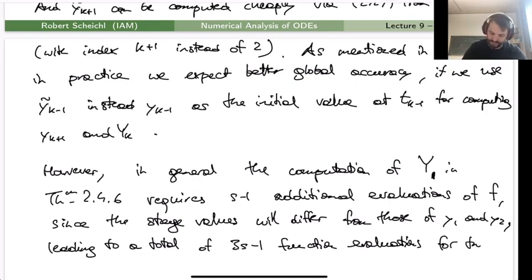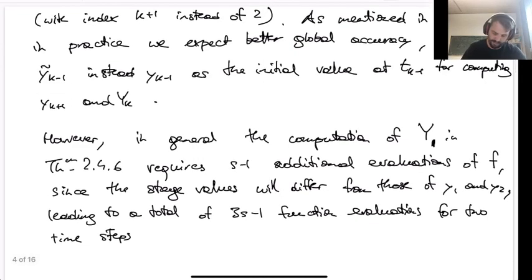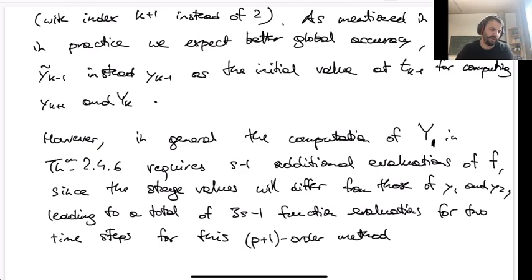For this p plus 1 order method, it is a p plus 1 order method, but it's not an optimal p plus 1 order method. It needs 3s minus 1 evaluations.